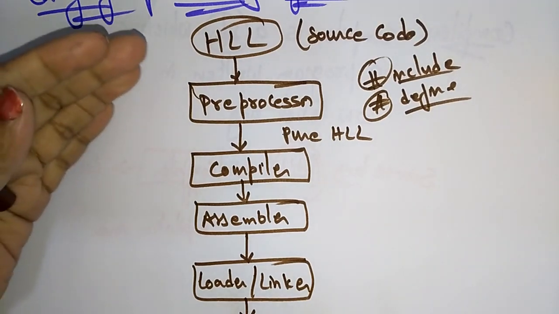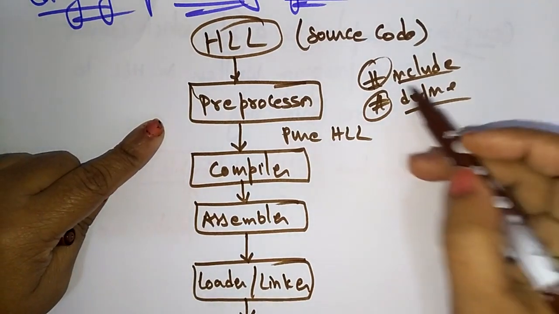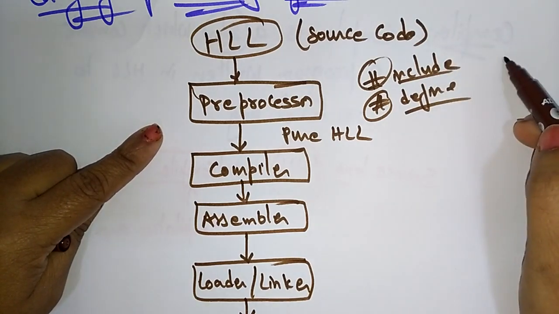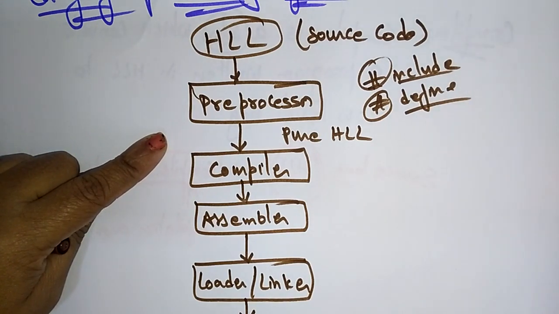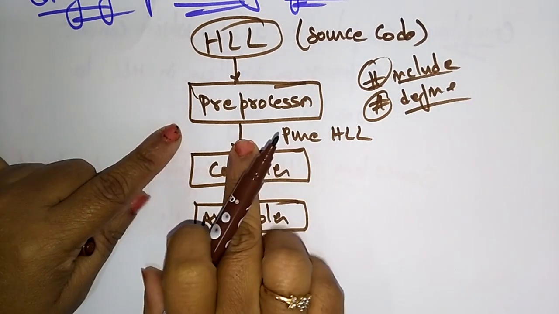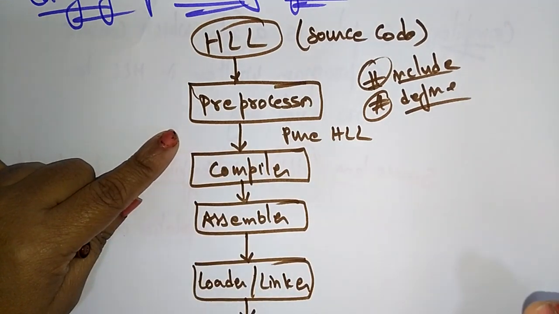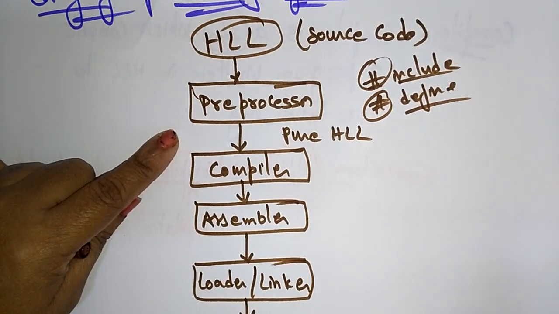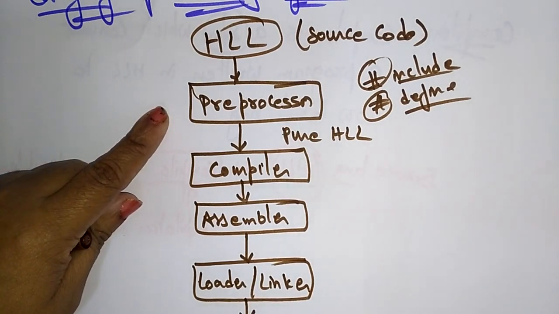So whatever source code you are using, the preprocessor removes all the hash include directives by file inclusion, replacing hash include with whatever code the file contains, and hash define directives by macro expansion. So the preprocessor performs file inclusion, augmentation, macro processing, etc.